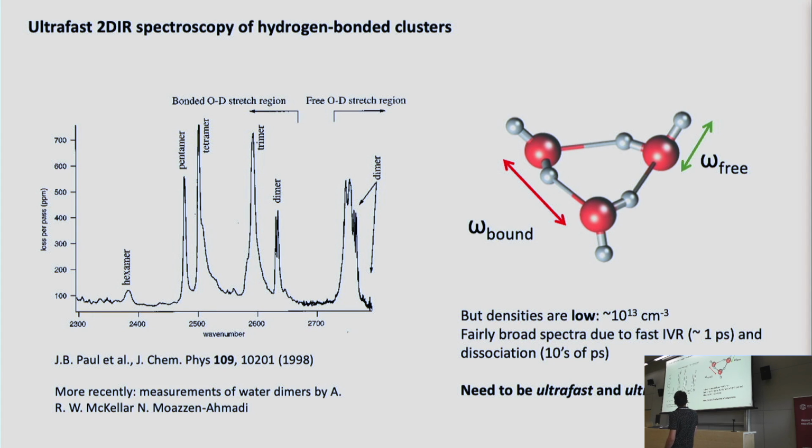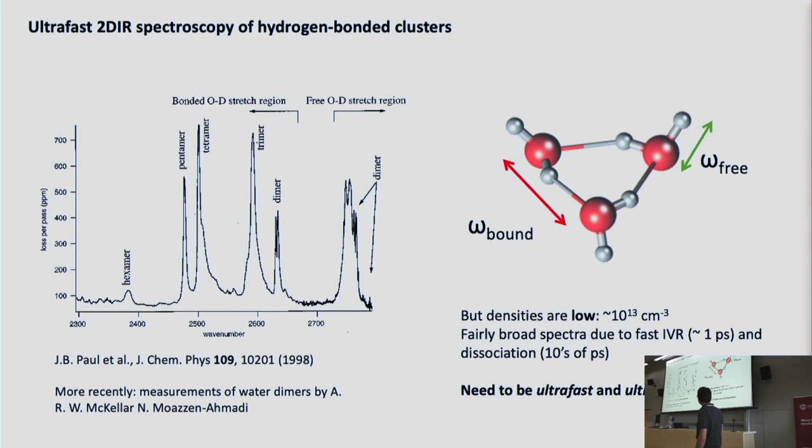You can see that you can spectrally resolve them if they are in the gas phase and they are cold. But this is CRDS linear spectroscopy, so the signal was weak. And as I said, with ultrafast spectroscopy, it's going to be even worse. And so nobody has done 2D IR of water in the gas phase yet. Recently, McKellar's and Moazzen-Ahmadi's groups have also been doing measurements of dimers.